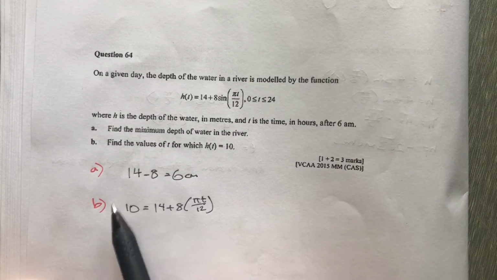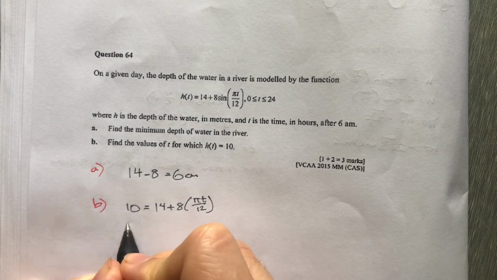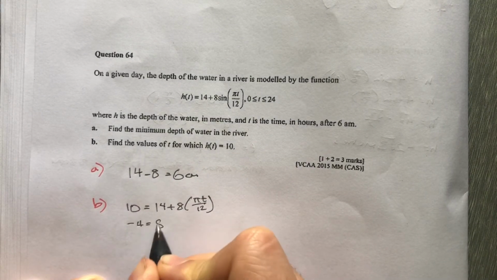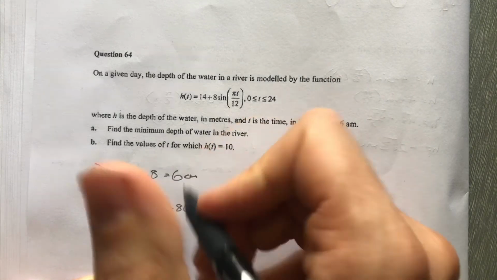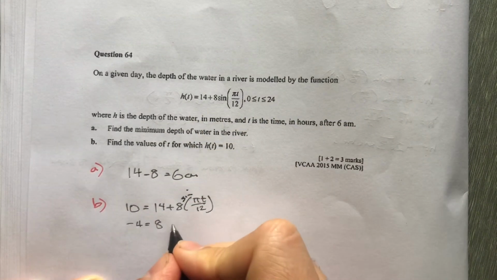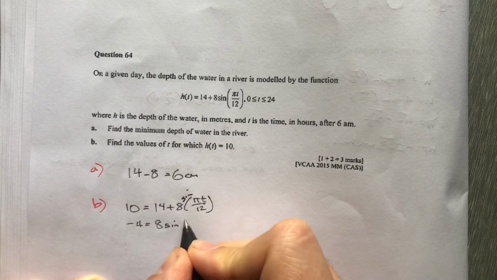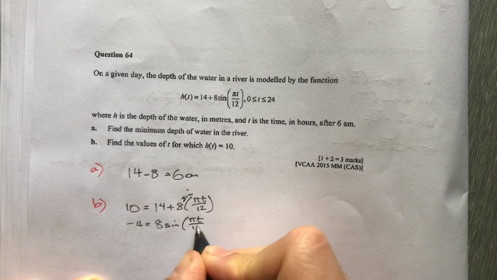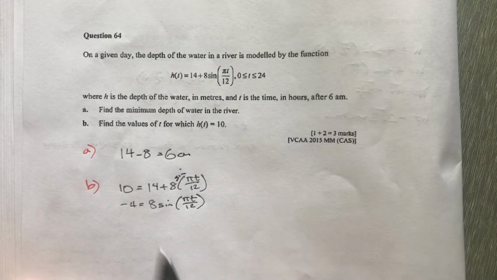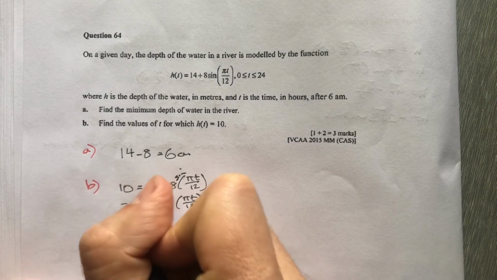Alright, cool. If I take that 14 away, that's going to give me -4 over here. Oh, I forgot to write sine. There we go. If we divide by 8, that's going to give us -1/2.